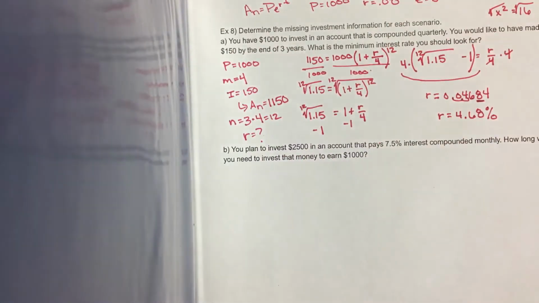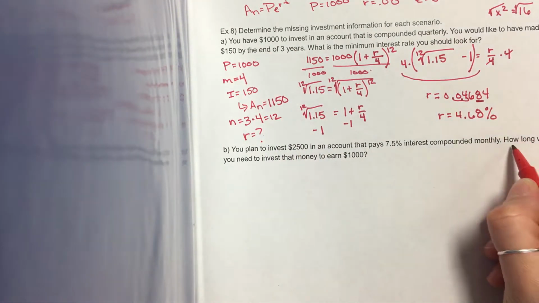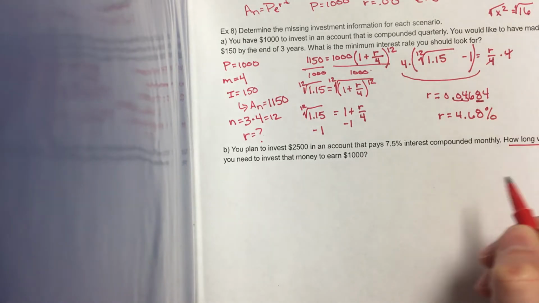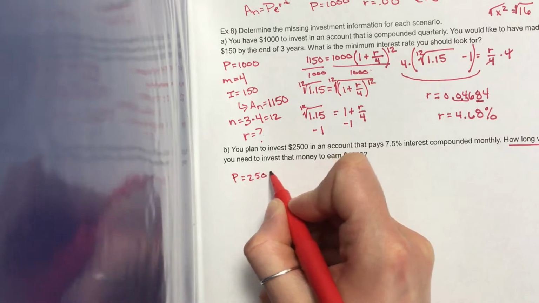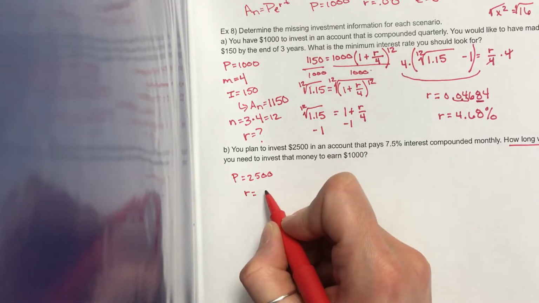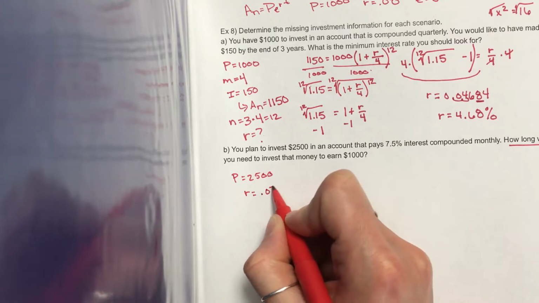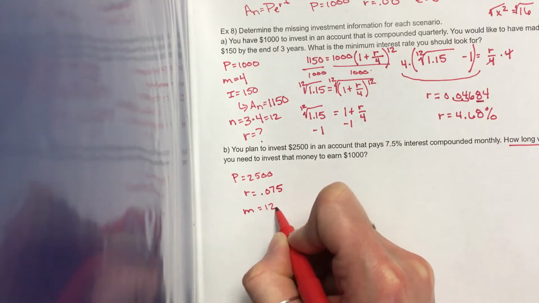Part B is a similar problem. The difference is that instead of looking for the rate, we're going to look for how long we need to invest our money. So this time our principal is $2,500. Our rate is 7.5, so 0.075. We're compounding monthly, so our M is 12.